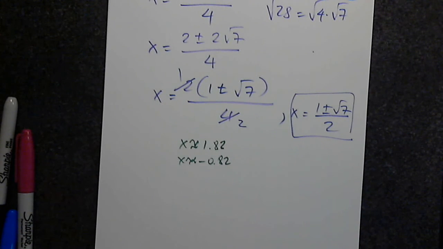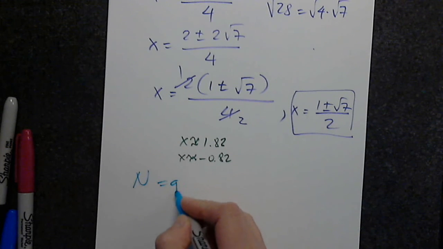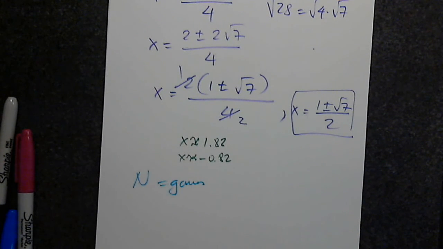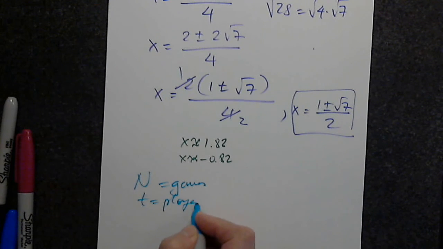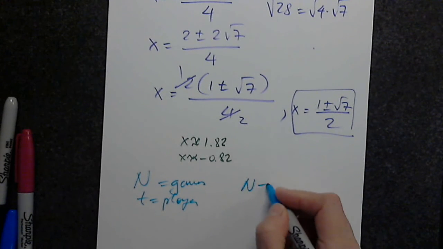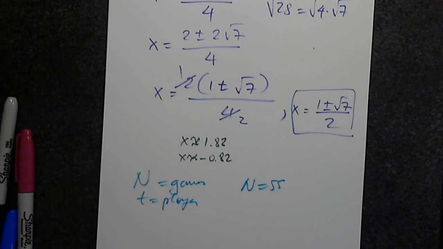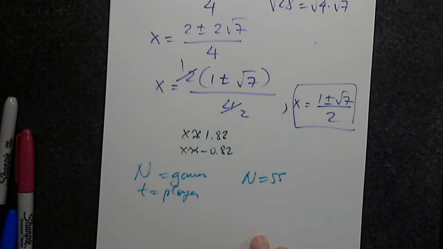So n is the number of games that must be played in a round-robin tournament with t chess players. t players. Perfect. In a round-robin chess tournament, 55 games were played. So n equals 55. How many players entered the tournament? So I copy the formula. n equals t squared minus t over 2.